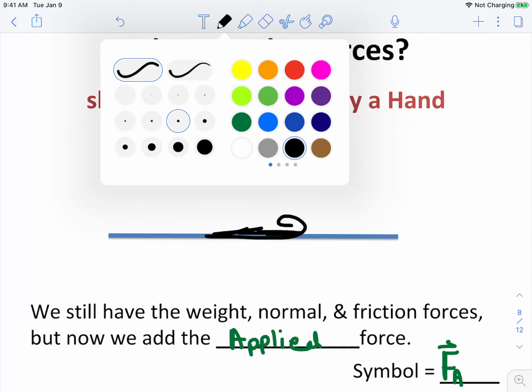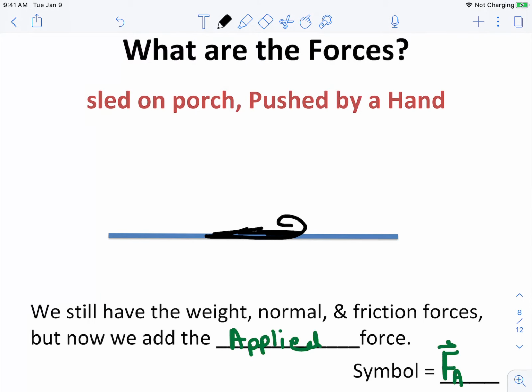So I'm going to go ahead and draw in a person pushing the incredibly large sled. All right. So this person's applying a force to the right on the sled.